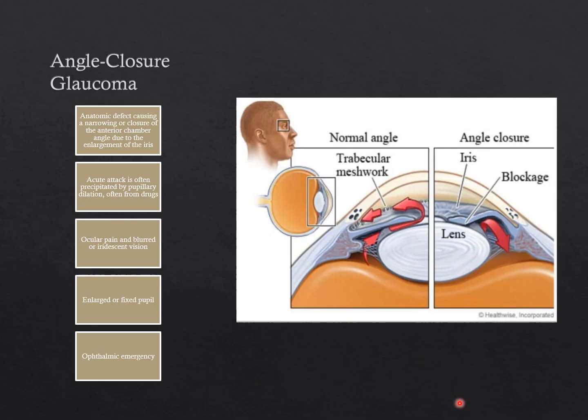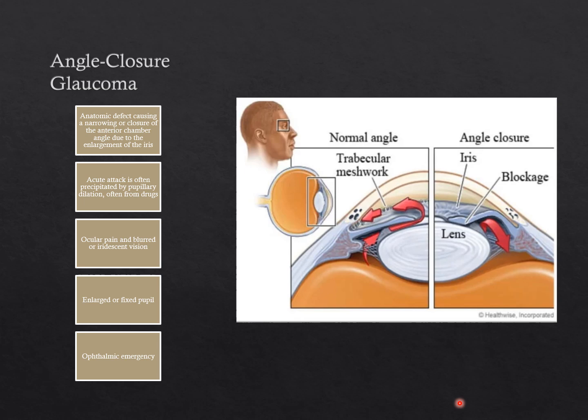In angle closure glaucoma, we have some sort of anatomic defect that causes a narrowing or closure of the anterior chamber angle due to the enlargement of the iris. So an acute attack is often precipitated by something like pupillary dilation, which is often caused by drugs.